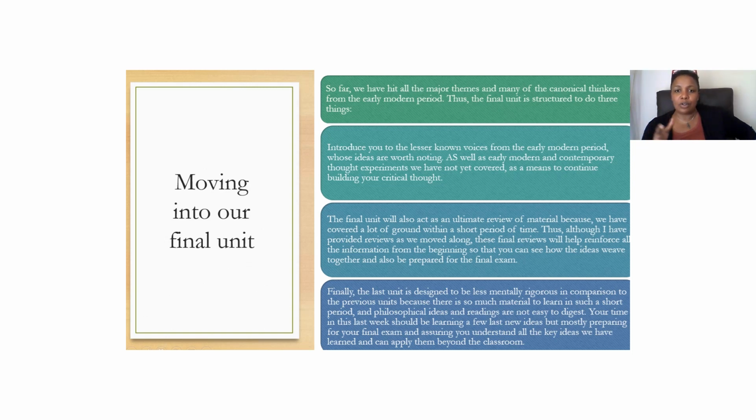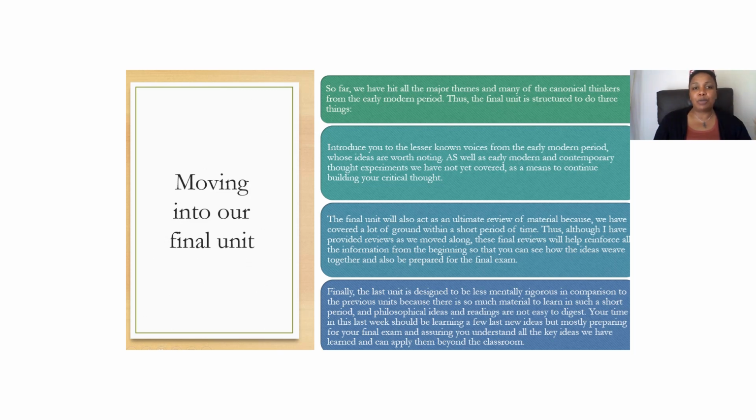So basically, in addition to lesser known thinkers from the period, you'll also get both early modern and contemporary thought experiments that we haven't covered. I've used different case studies and thought experiments so far throughout all of the units, but this will give you an opportunity to see any last important thought experiments from philosophy in general, the contemporary period through an early modern lens, or from the early modern period itself, looking at Berkeley's work, okay?